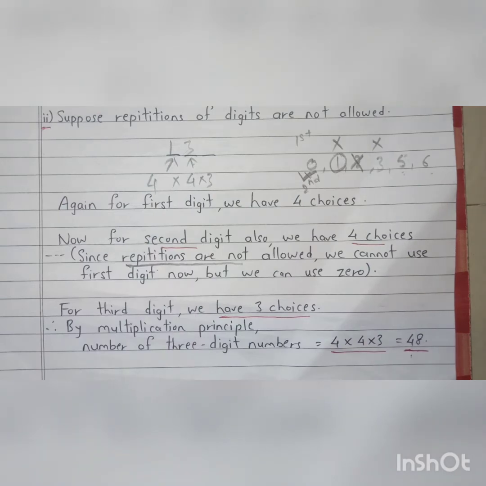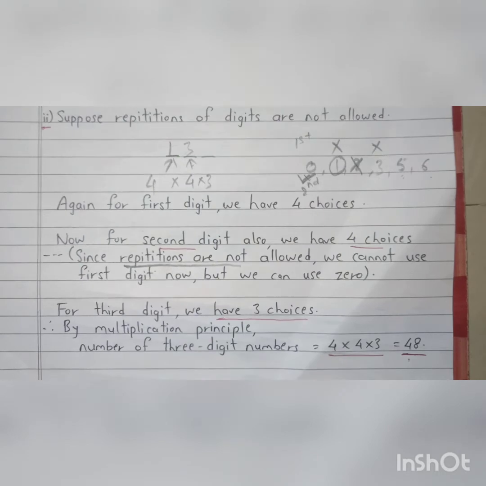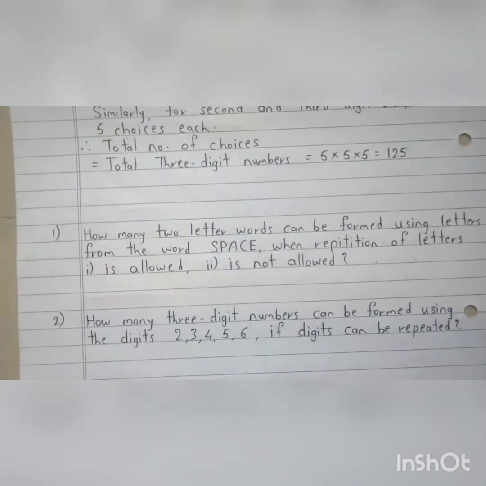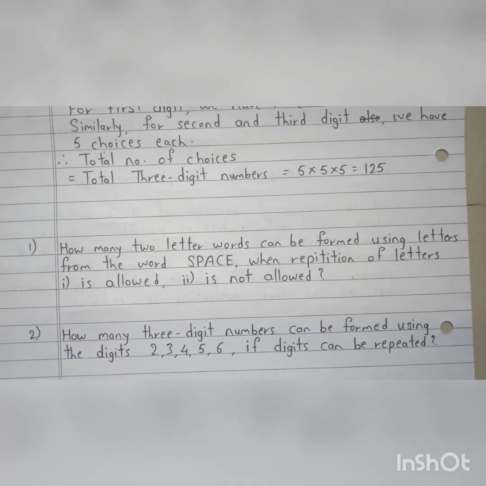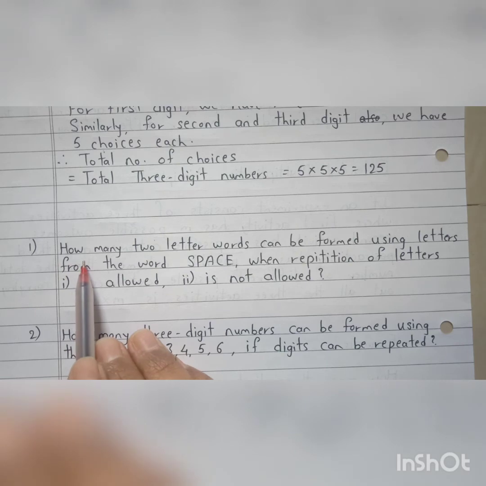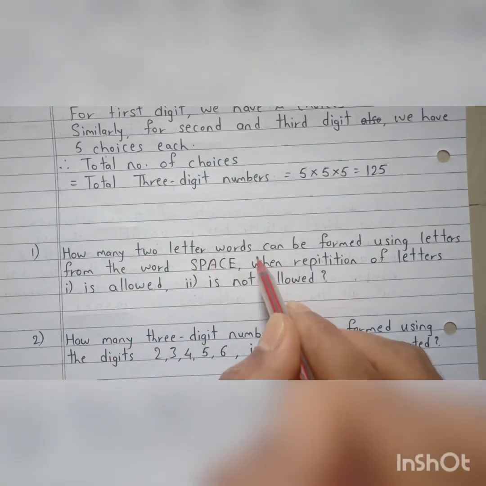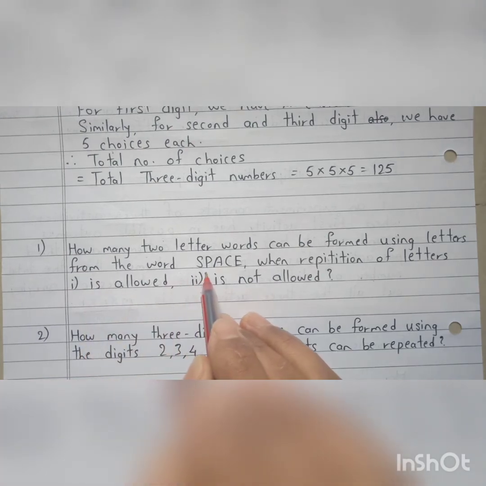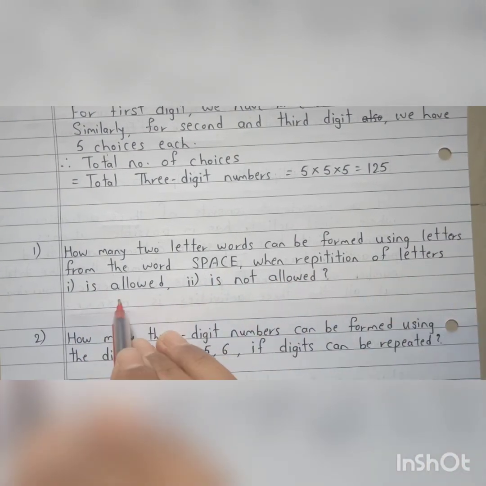I hope you have got this answer. Now I am going to give you 2 examples to do on your own. Can you see these examples? In the first example, what is written? How many 2-letter words can be formed using letters from the word SPACE when repetition of letters is allowed?